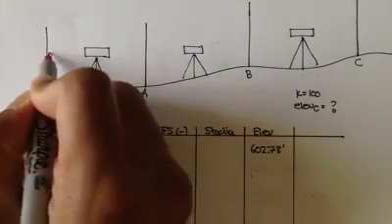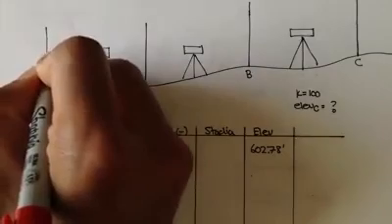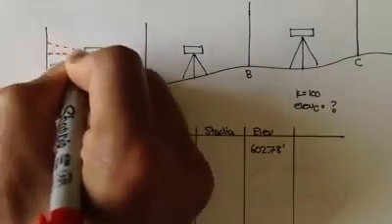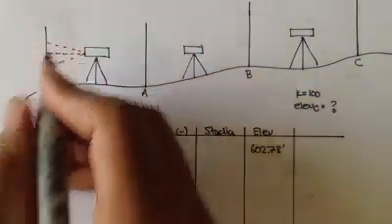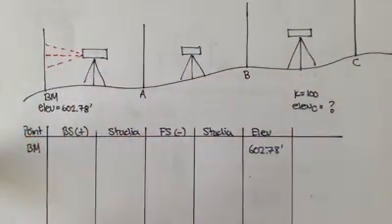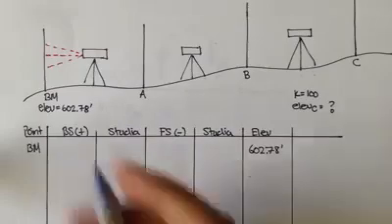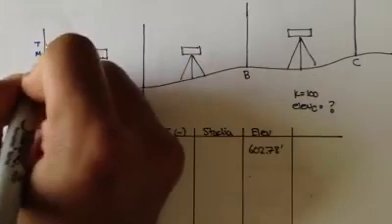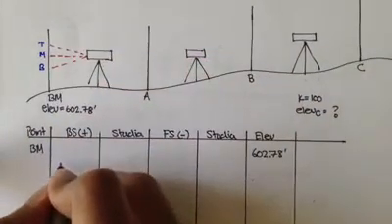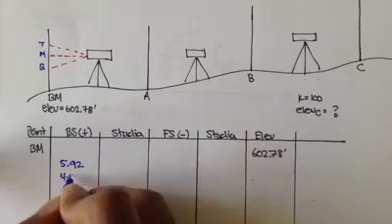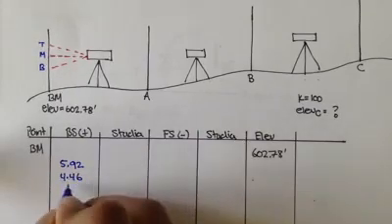We take one here, one here, and one here. The top, middle, and bottom readings, respectively, I'm going to write down for the backsite are 5.92 feet, 4.46, and 3.01.